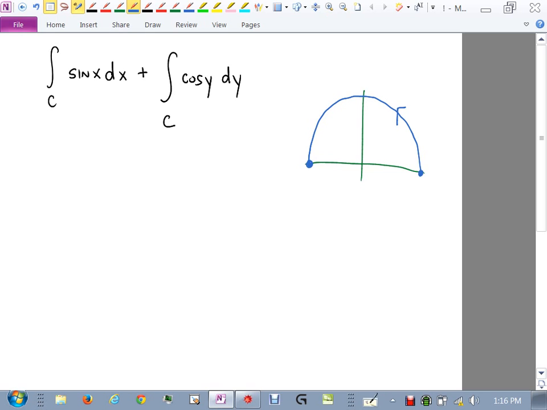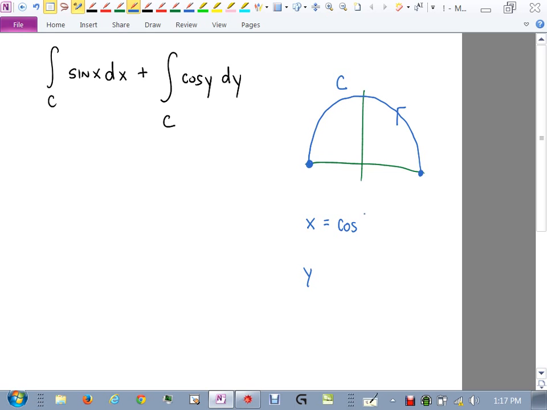How can we draw this curve C? What's a good way to find a parametric representation of that curve? A parametric representation. Okay, we could use kind of like polar. X would be just cosine, right? And we used t last time.